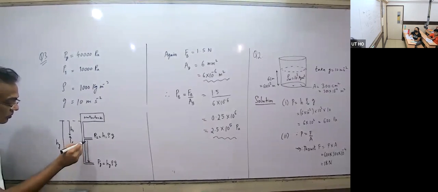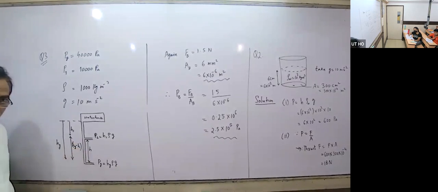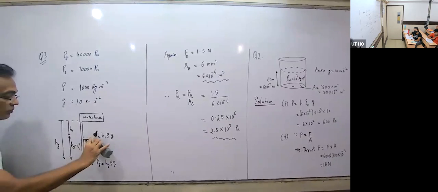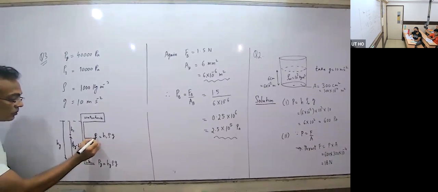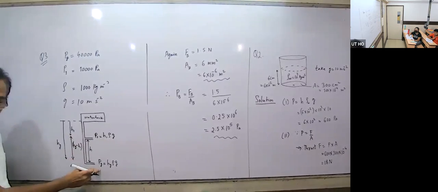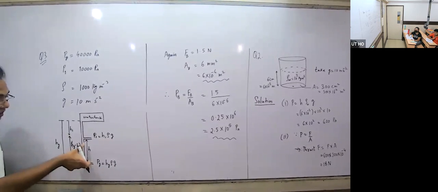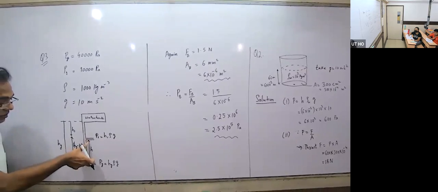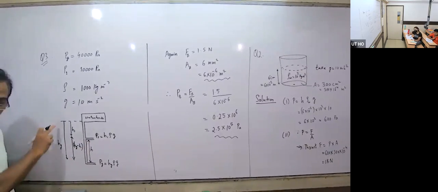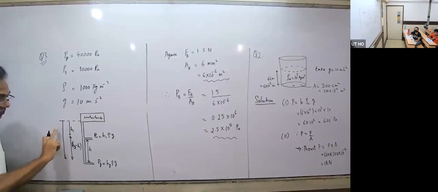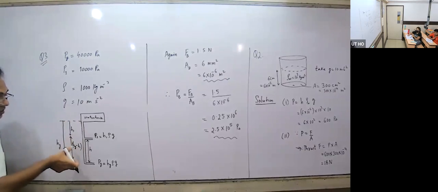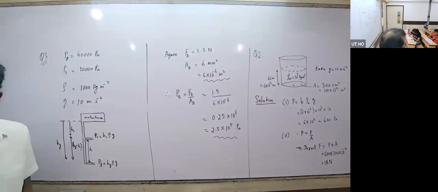To find the height of the first floor, sorry, this is P1, pressure at the first floor is this. Pressure at the ground floor is this. But we have to find the height. So what is this height? It is the full height Hg minus H1. This is depth actually. So the depth for the ground floor is more than the depth for the first floor. So the difference in the depth is the height of the first floor. Is this logic clear?